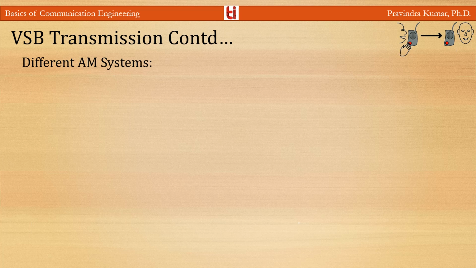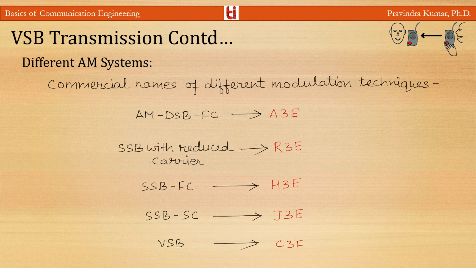And also, now the different commercial names of the different modulation schemes, we should know what the commercial names are. For DSB full carrier, the commercial name is A3E. SSB with reduced carrier is R3E.